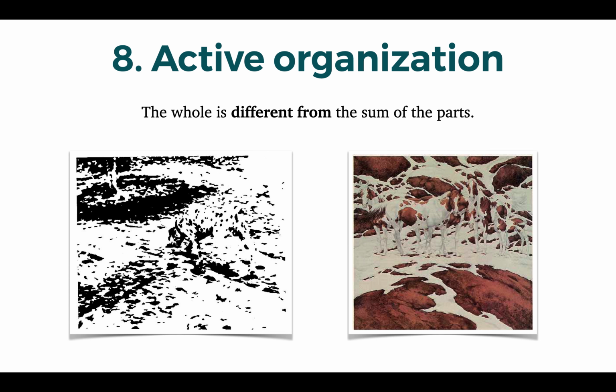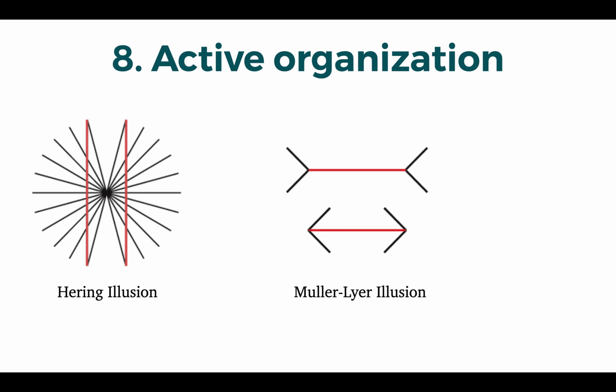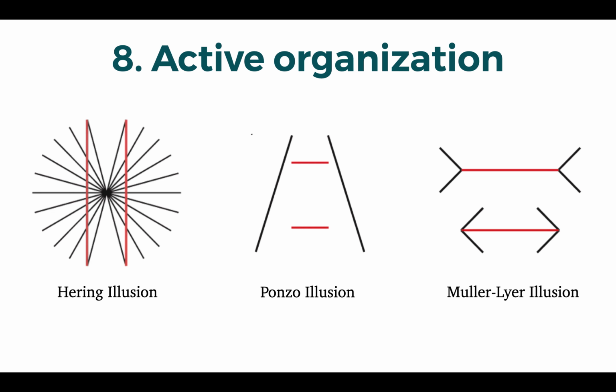The whole is different from the sum of its parts. We saw this with the Dalmatian dog. You can see this with these illusions, right? When we just have two red lines, okay? When I just have two red lines here, it's two red lines.